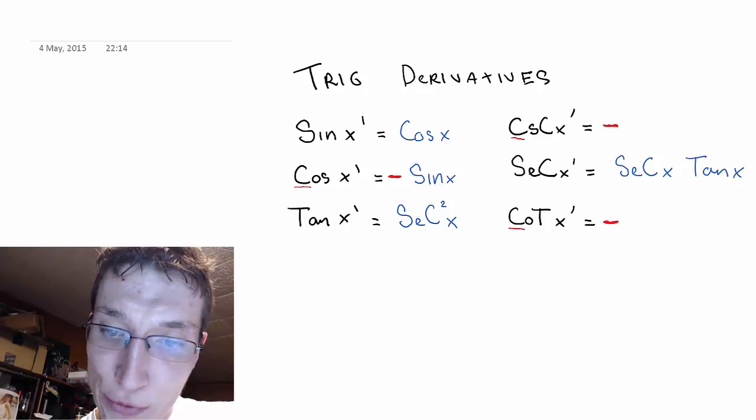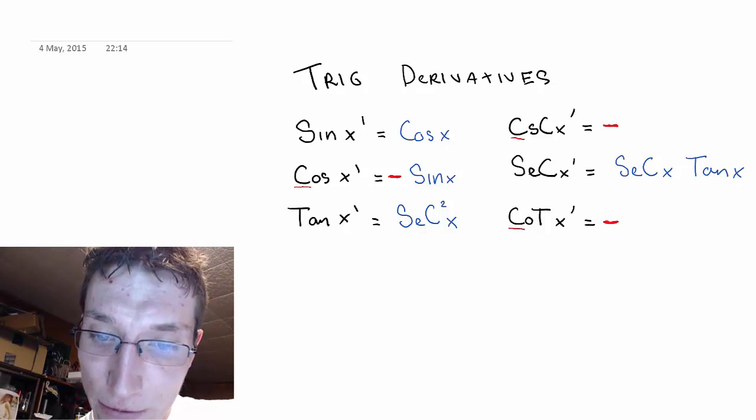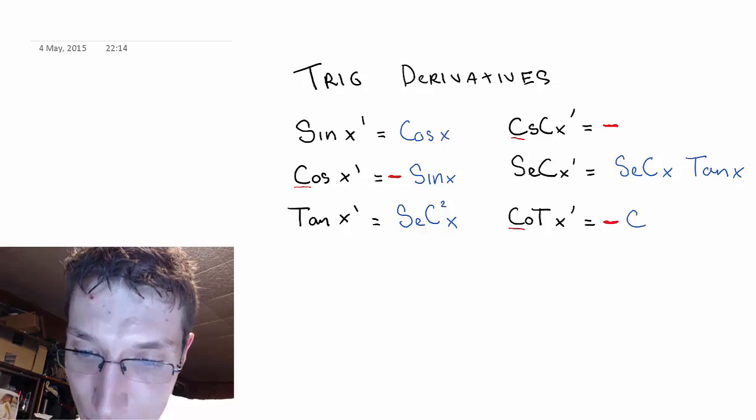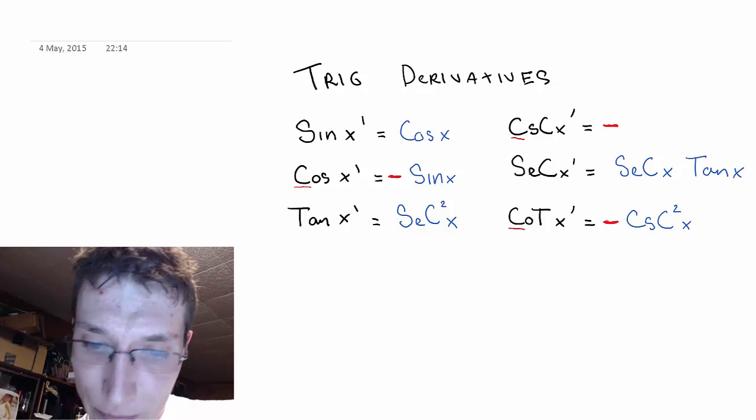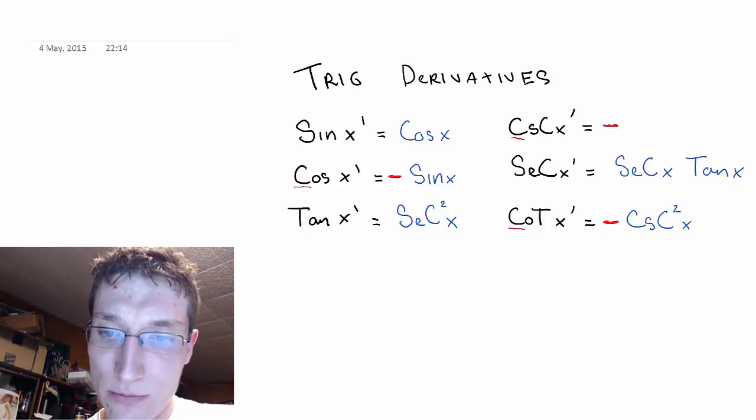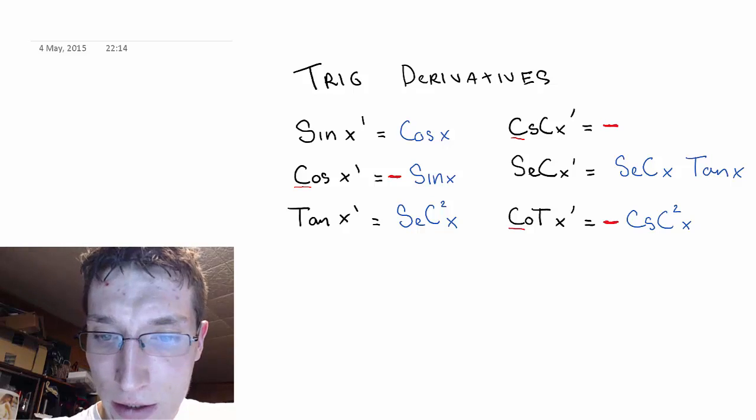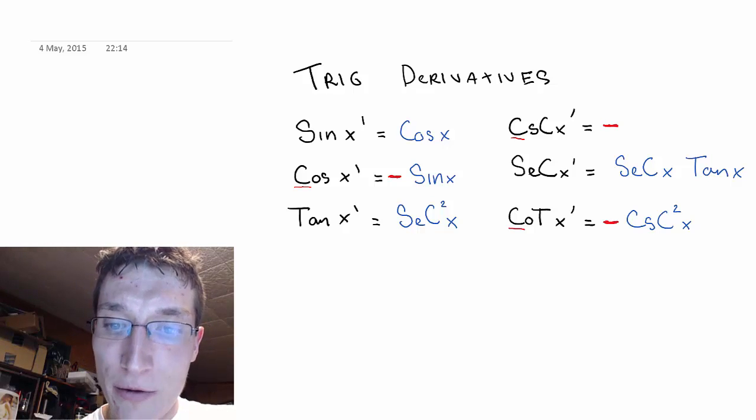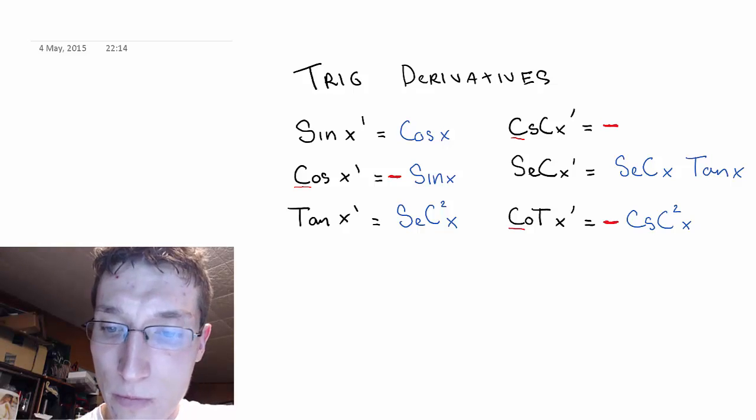Cotangent goes with the negative cofunction, cosecant. It's also squared, just like in tangent's case. And the same pattern follows for the cosecant x prime.